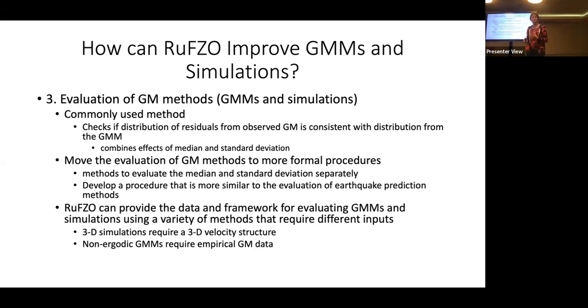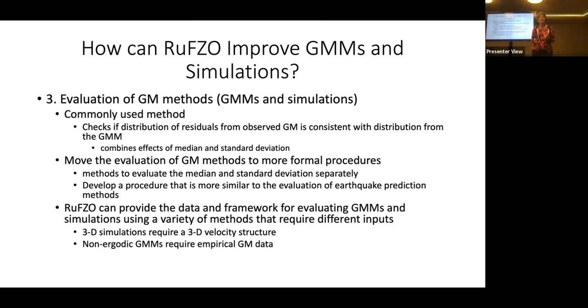But if we had denser observations, then we could move that evaluation to more formal procedures, more similar to, for example, what's been used for the evaluation of earthquake prediction models, procedures that would truly give us better insights into how well our ground motion models were working.